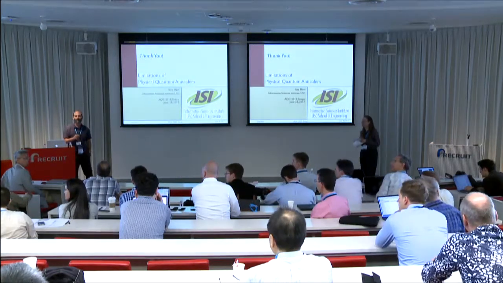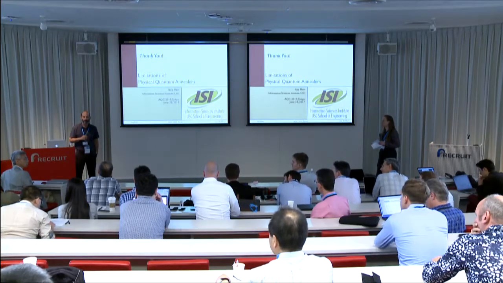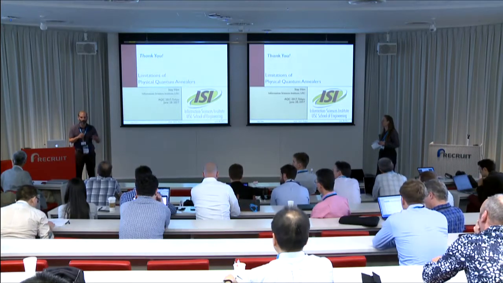Okay, so I have two questions. One is related to, when you compared with the PITAS, you said this is polynomial in the size. Yeah, I didn't compare, but I just mentioned that the PITAS gives you the energies that the fixed temperature quantum annealer would give you. Yes, but do you know if the scaling with respect to the epsilon is going to be the same for the finite temperature annealer and PITAS, you see what I'm saying?